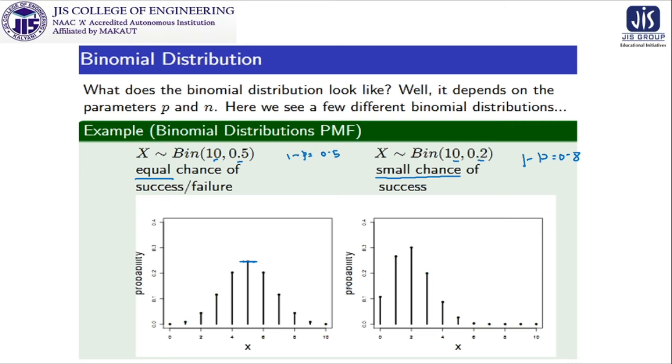If the chance of success is less, then the structure will be something like that, though I should not draw these types of curves because it is a discrete distribution, but I want to emphasize that when the chance of success is less, it will be shifted to the left part.